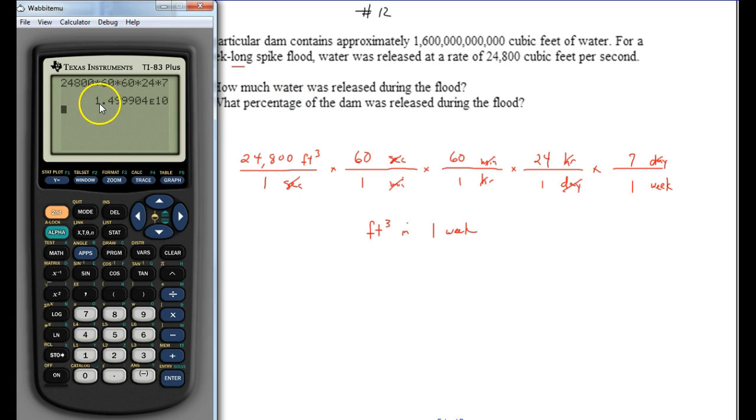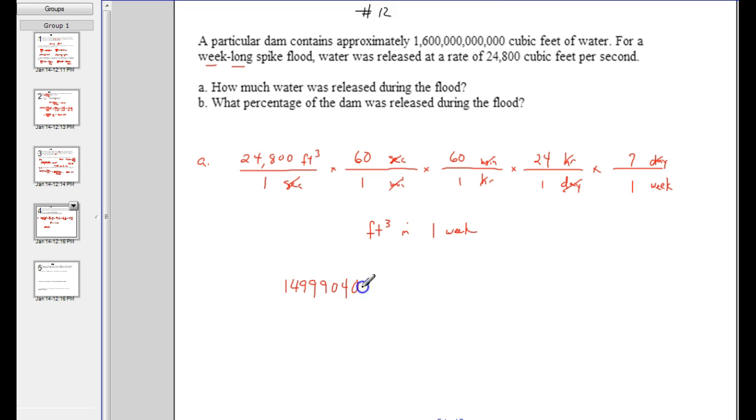So 149904, and because we need to go 10 places to the right, and so far we've just gone 1, 2, 3, 4, 5, 6, we need 4 more zeros after this. So 1, 2, 3, 4. So this is how many cubic feet were released in 1 week.